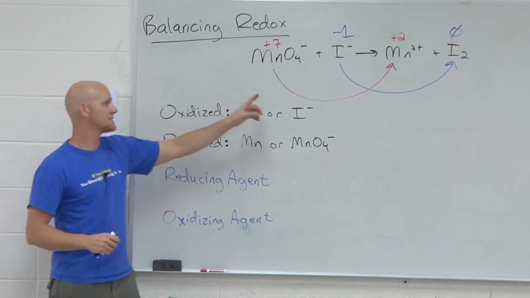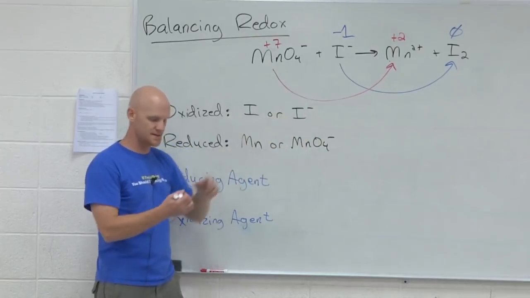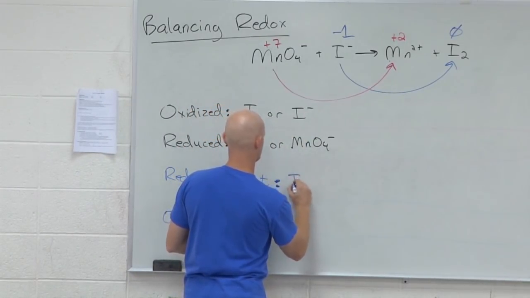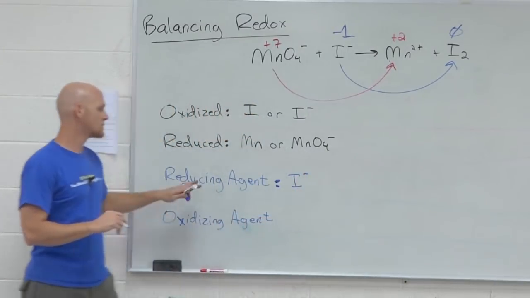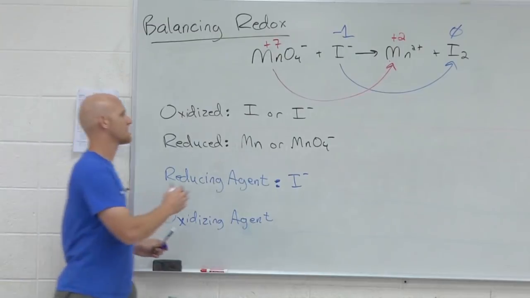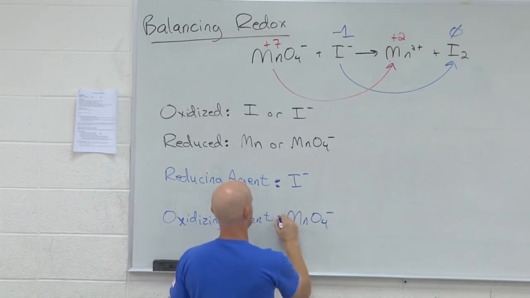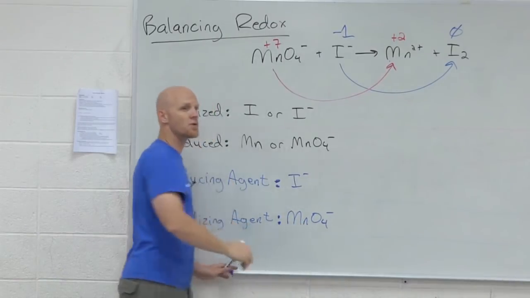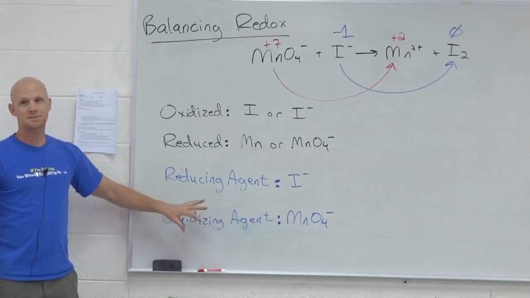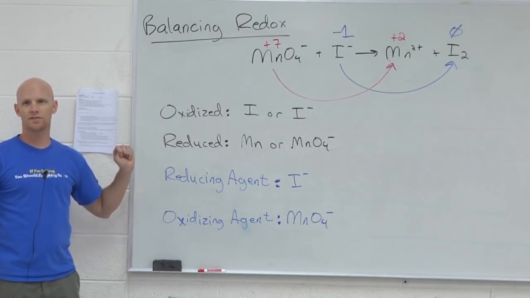Oxidized. And the exact chemical species is not just I, it's I minus that would be the correct answer. The iodide ion is the reducing agent. Who's the oxidizing agent? The entire chemical species is MnO4 minus. So if you're talking about the agent, you've got to get specific about the exact chemical species as it exists on the reactant side.